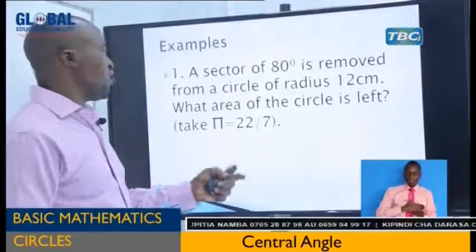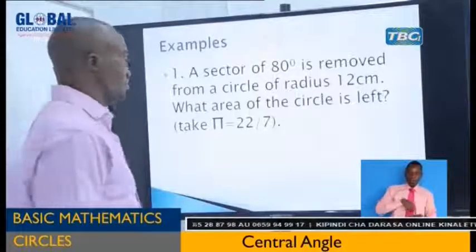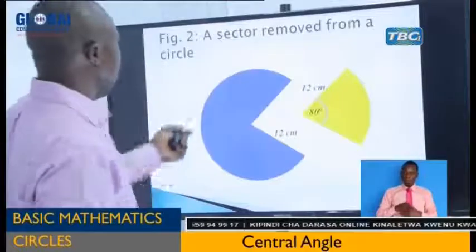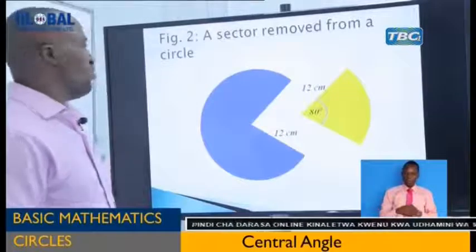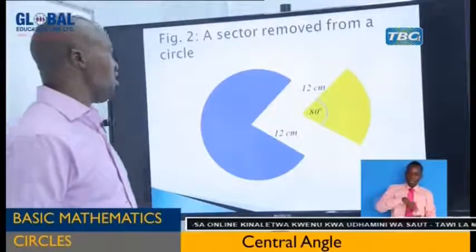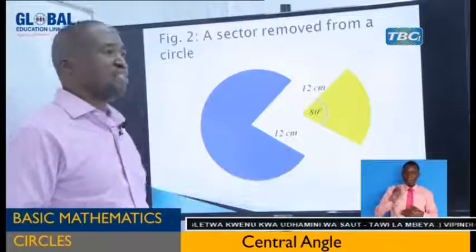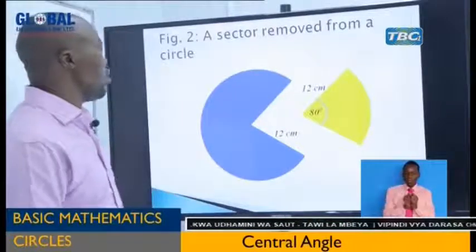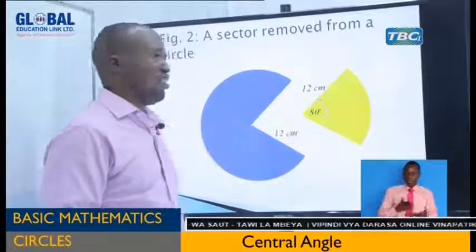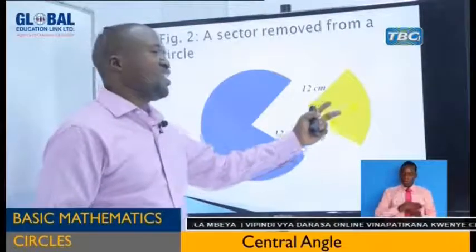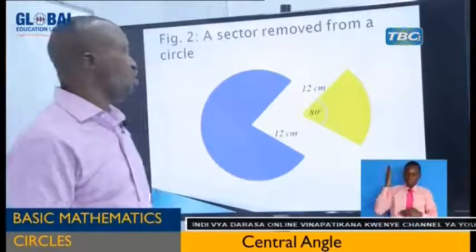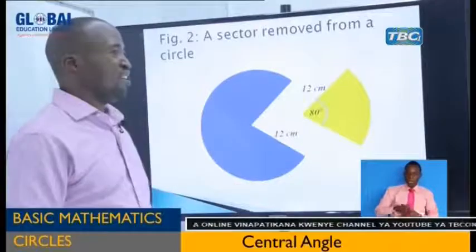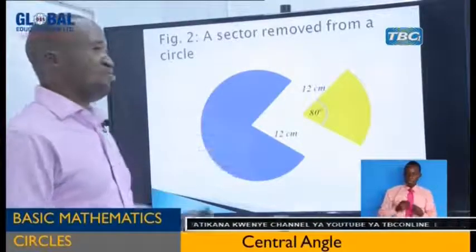What area of the circle is left? So here we have a circle. In this circle, the radius is 12 centimeters. A portion of this circle is removed, which is this one. Of course, this represents a sector, and the central angle is 80 degrees. Now, what will be left in your circle?